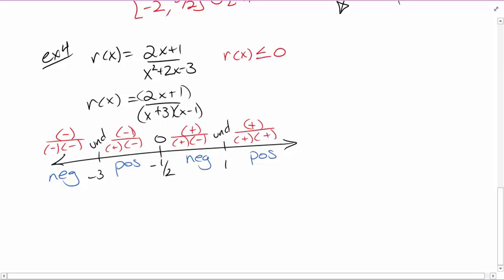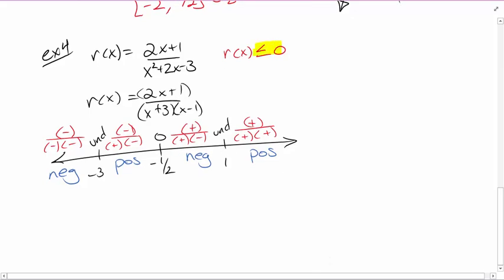So what did the question ask? The question asked, when are we less than or equal to 0? This should be code for when are we negative or 0. So down below on my sign pattern, I'm going to look for negatives. I'm going to look for zeros, and those are going to be my locations. I'm going to turn this into notation.